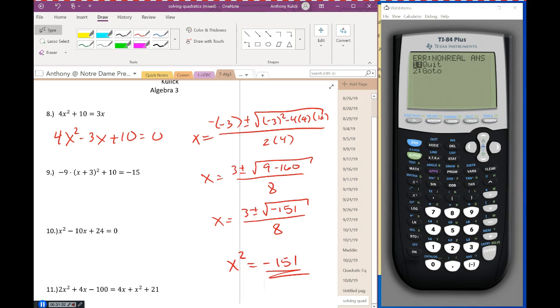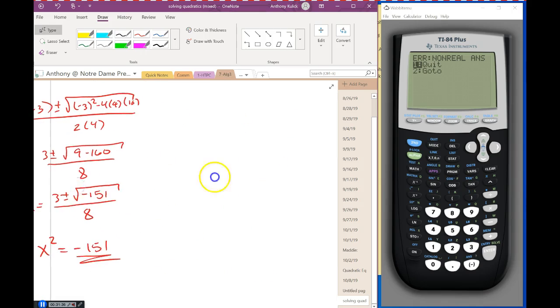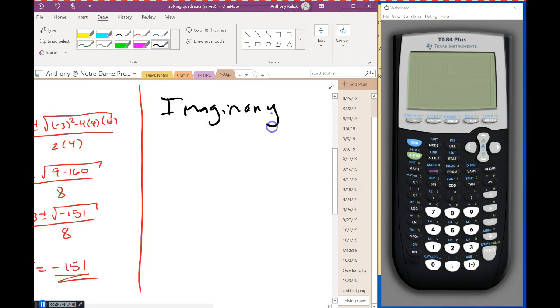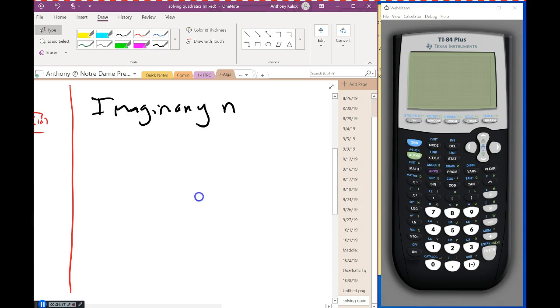This new set of numbers is called the complex numbers. And to do that, we need to define a special number called the imaginary number. We represent that imaginary number with the letter i, and we define i to be the square root of -1.